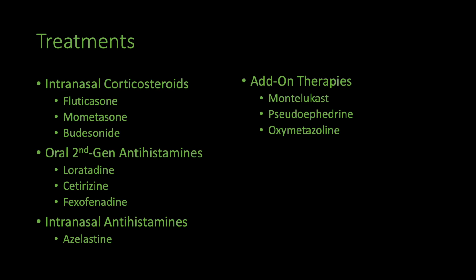Add-on therapy is like Sudafed, mainly used as a decongestant to prevent congestion in the nasal pathway, for example. And then oxymetazoline, and then Montelukast. If you look at the name Montelukast, it's a leukotriene.